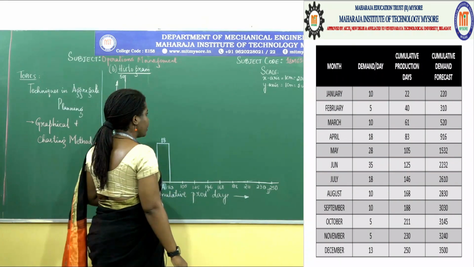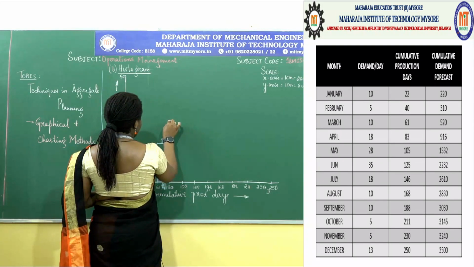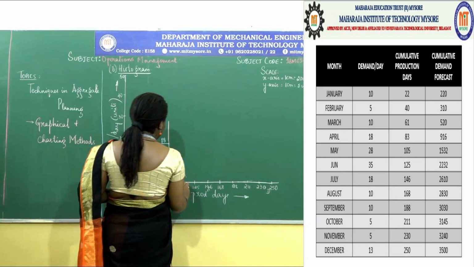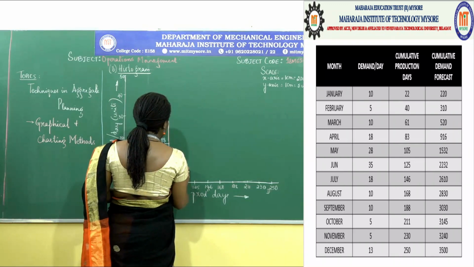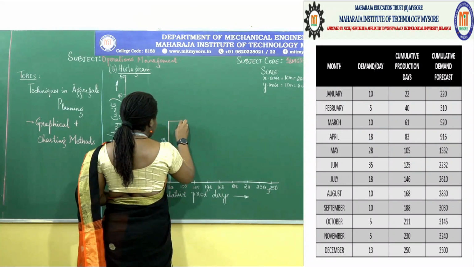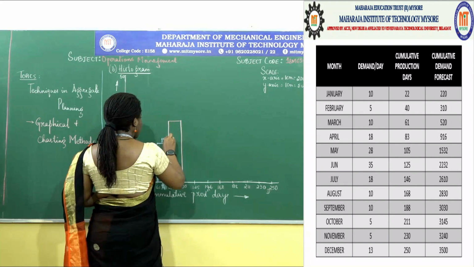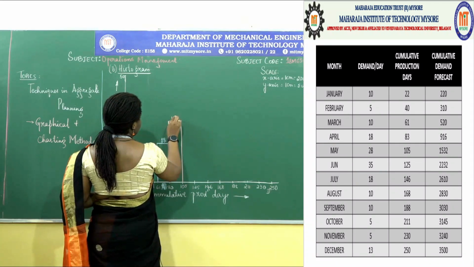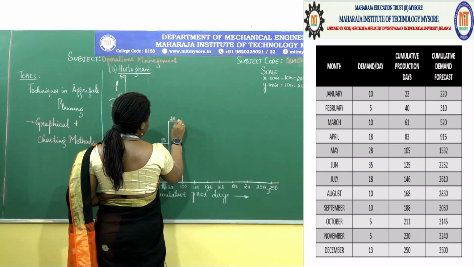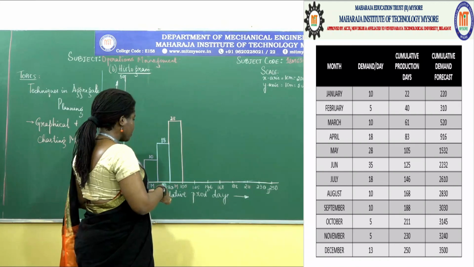May has a demand of 28 units, and the number of working days is 105 days. This is for the month of May.